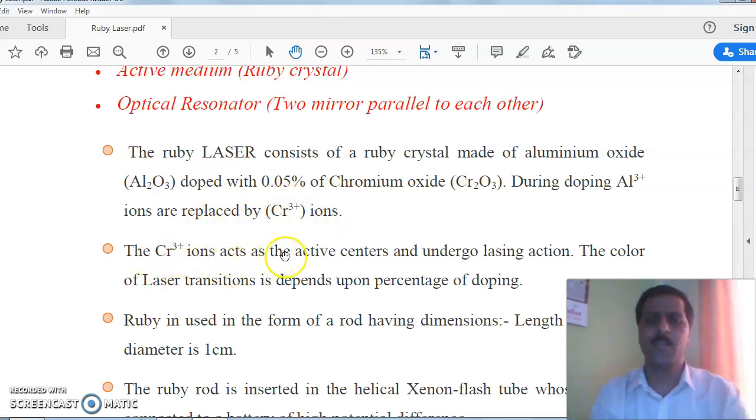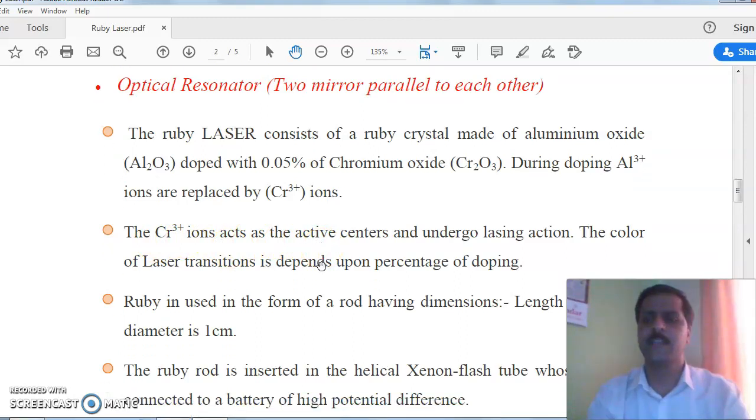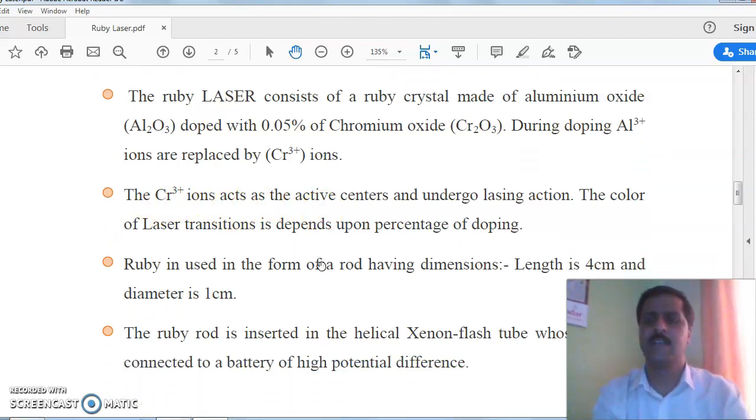The chromium 3 positive ions act as the active centers and undergo lasing transition. The color of the laser transition depends on the percentage of doping. The nature of chromium is pink, so it also imparts a pink color to the ruby crystal.